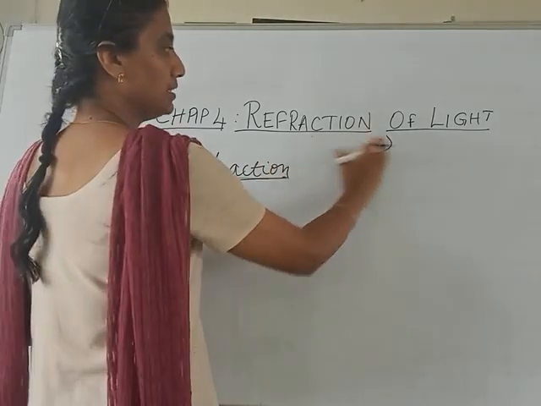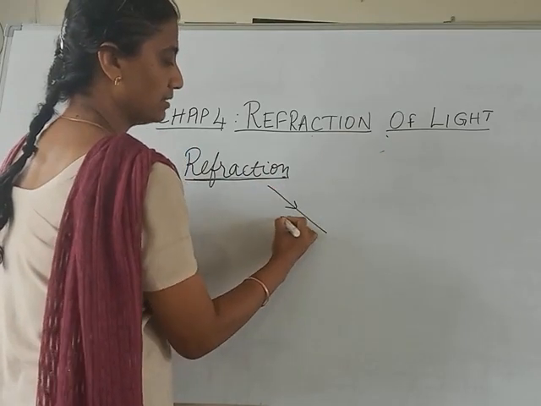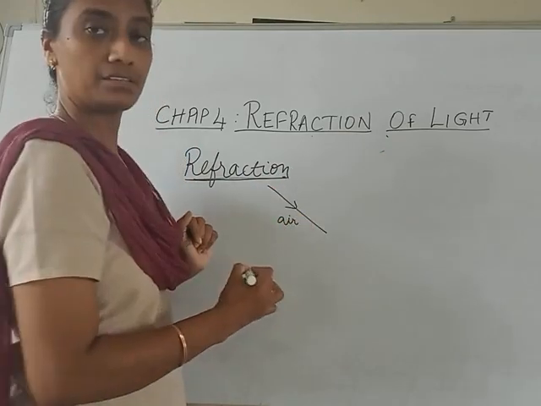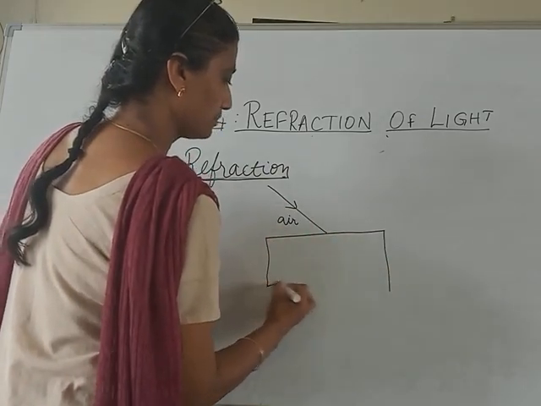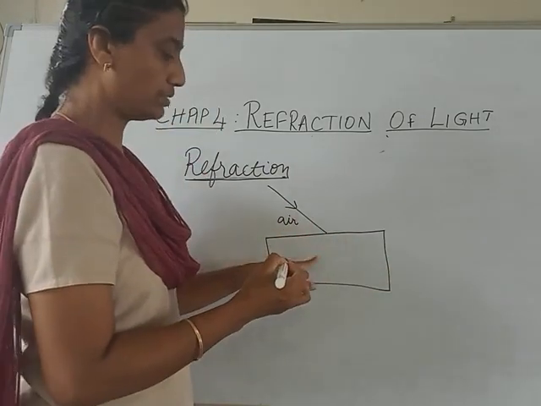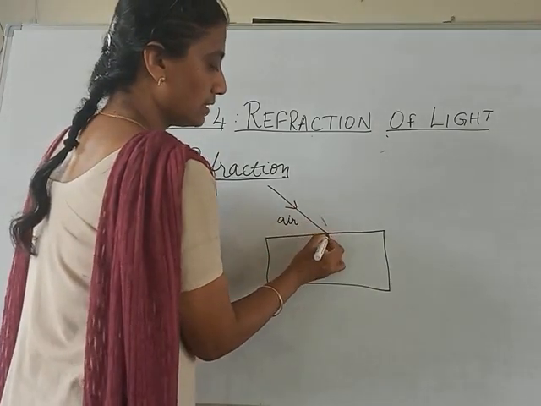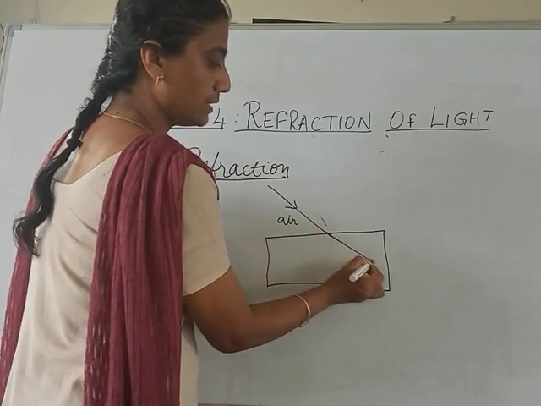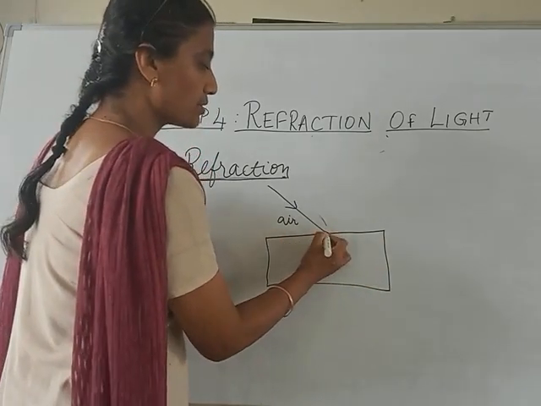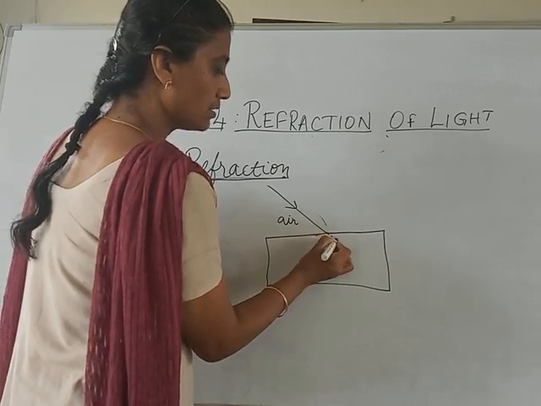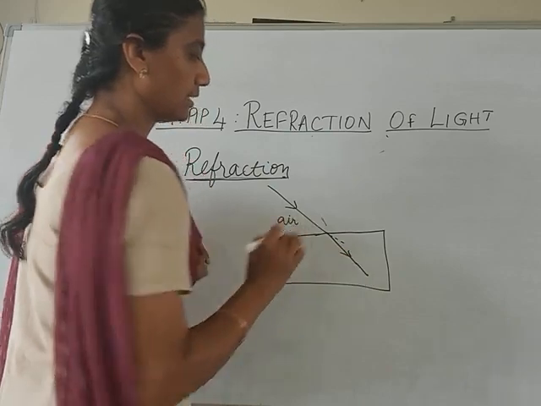Simple example. Suppose light was traveling here in air. Now there is a glass piece here and light is entering into the glass. So what will happen is light cannot go in the straight path. The reason we'll see later. Instead of going in the straight path, it will bend like this.